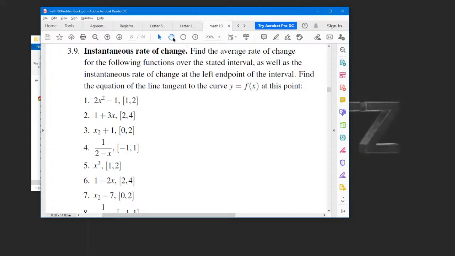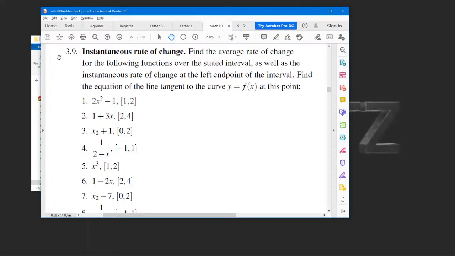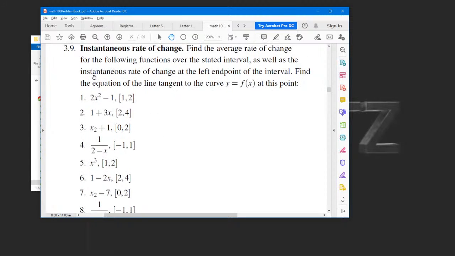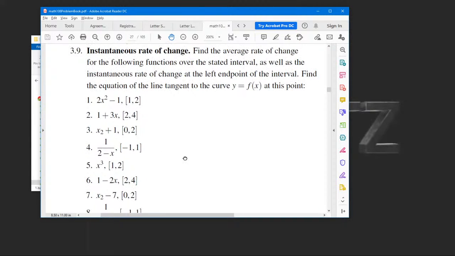While I'm paging, the midterm is only up to and including rates of change. You'll see on the course website as well, it says topics 1 to 3. So pretty much 3.9 is the end. Now, admittedly, there is no difference between instantaneous rate of change and derivative.